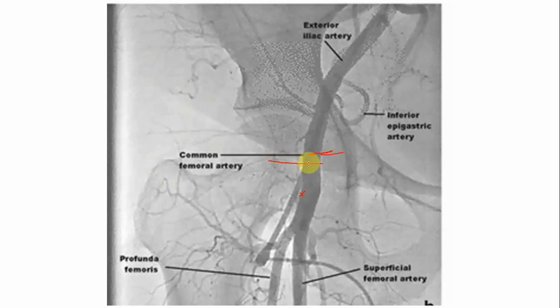You can see here, the sheath enters the artery about here. So the skin entry point is always lower than the actual entry point of the artery. If you're holding at the skin site or below it, you might not be compressing the artery. So you always hold about 2 finger breadths above the skin site to actually compress the artery and achieve hemostasis.